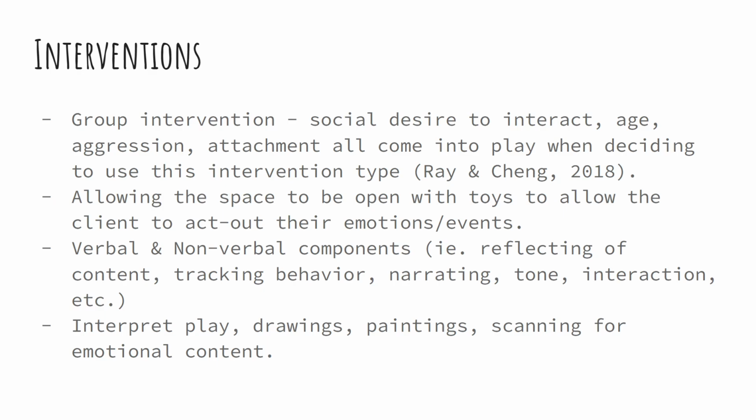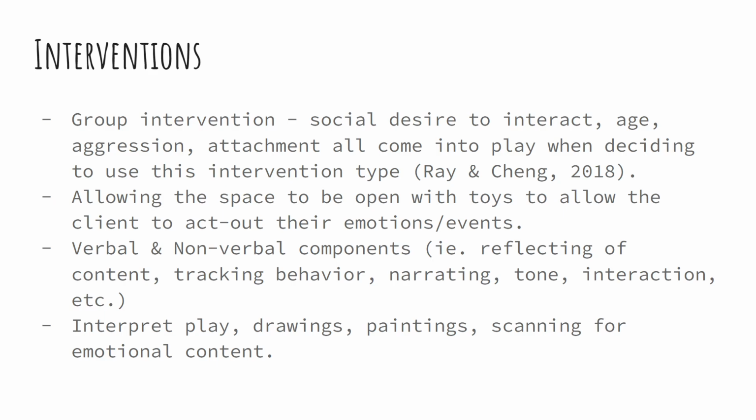So, interventions. A big one I found was group interventions, because it allows the children to be more social and interact with others around their age who might have the same temperament, along with all the other factors involved in deciding whether a group or individual intervention is the way to go.